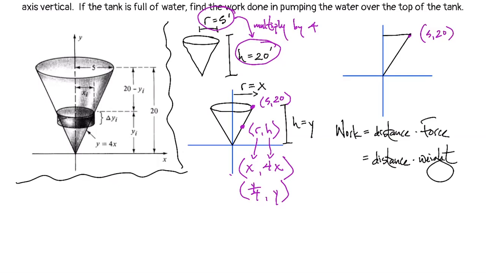So force and weight are equivalent. But we can expand this more to say that we have distance times, instead of weight, we can find that it is the density times the volume, okay?